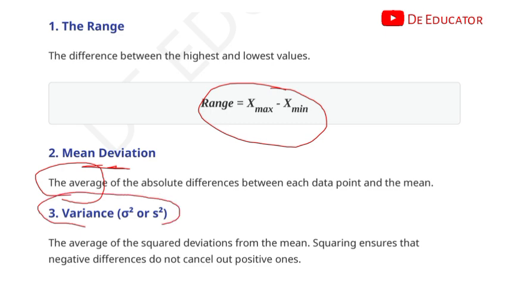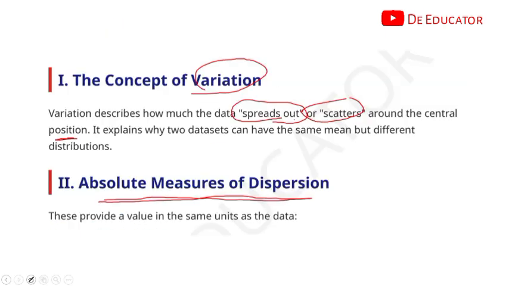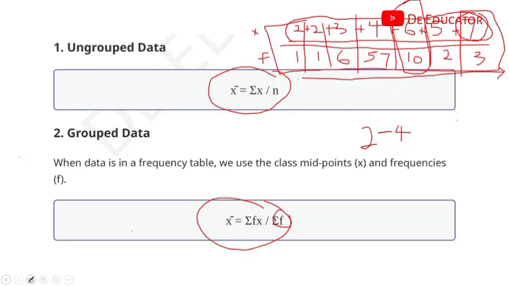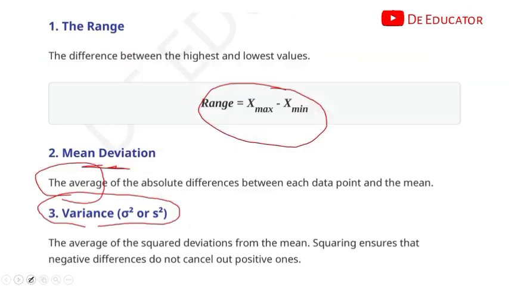Remember, in mean deviation we did not square, but now in variance we are going to square. For example, 2 minus 4 is normally minus 2. What variance is trying to achieve is squaring everything so that at the end of the day the negative numbers will not cancel the positive numbers. By the time we square this, we have 4, so everything is now positive. So that is variance.